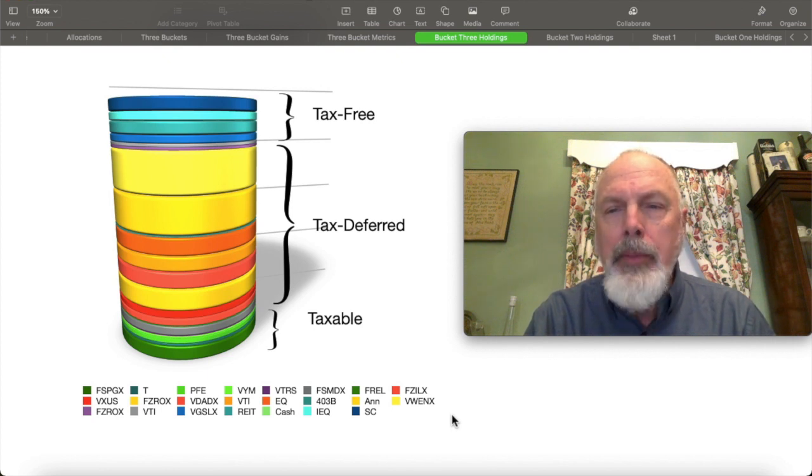Plus, Schwab is now restricted. I can either hold or sell the Wellington, but I can't add it in the Admiral class. If I did, I'd have to buy the investor class, and I'd be at that 0.22 expense ratio.